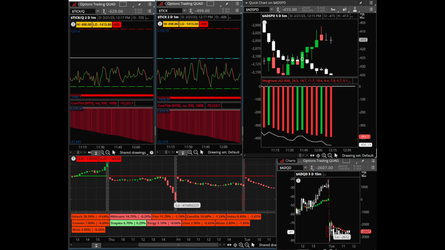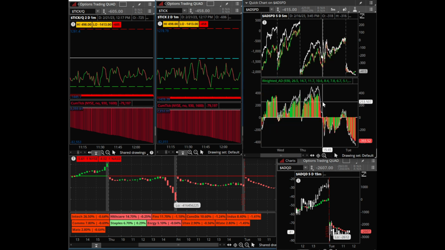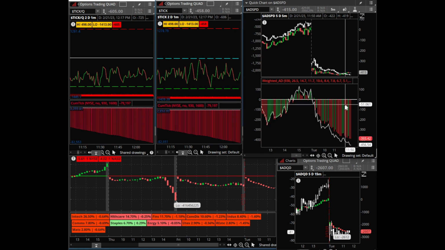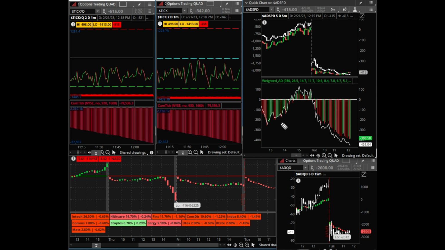so that's that. And one other indicator I have that's great from shadowtrader.net is called the weighted AD. It's awesome because it plots these histograms here.